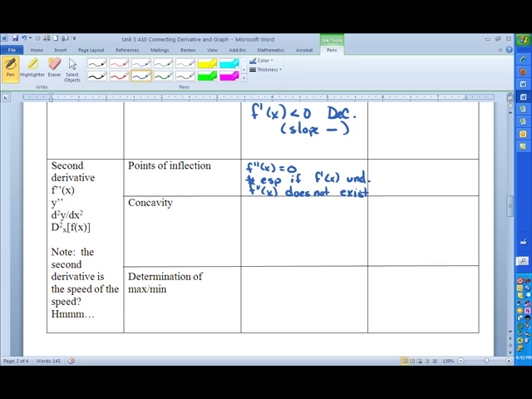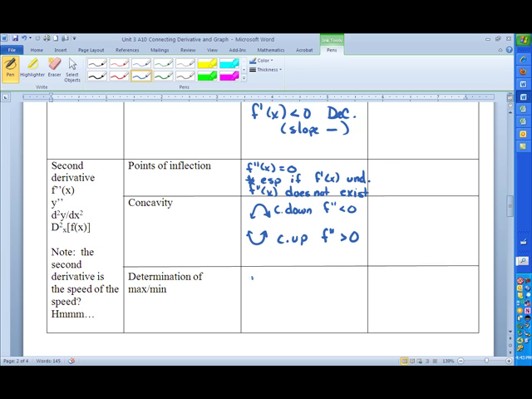The concavity, if it is concave down, it is when our second derivative is less than 0, and when it is concave up, the second derivative is greater than 0. So we can plug in a value or a point and find out whether we are concave up or concave down.